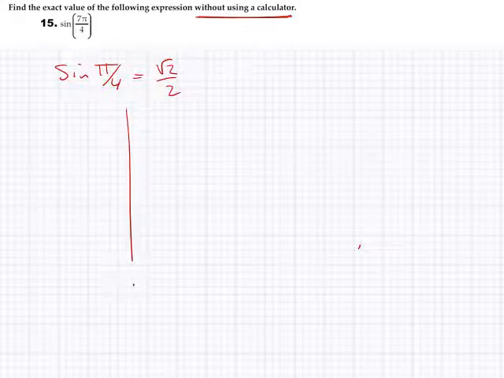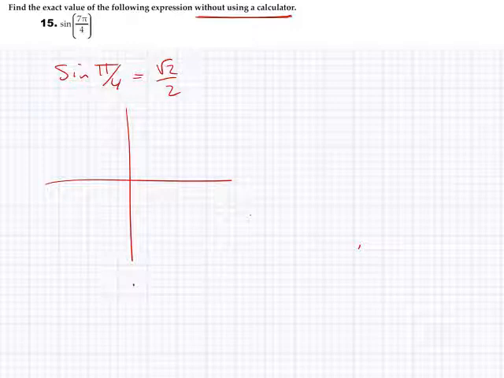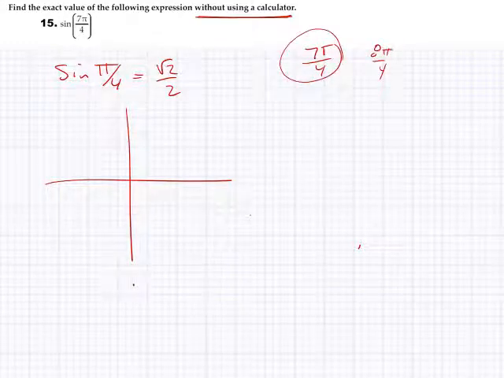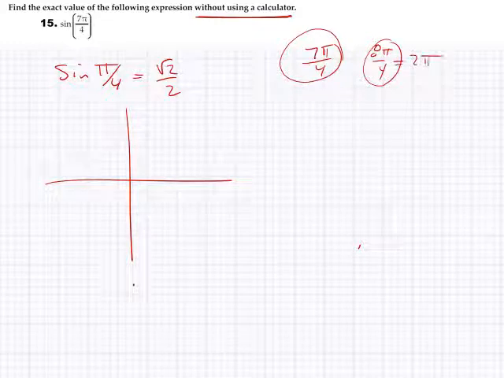So then it's a matter of figuring out where 7 pi fourths falls. Well, if we compare 7 pi fourths to 8 pi fourths, 7 pi fourths is clearly 1 pi fourth smaller. 8 pi fourths you should know is 2 pi, which is 1 full rotation.